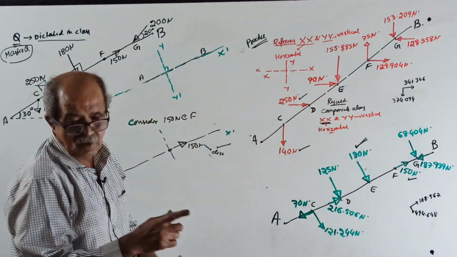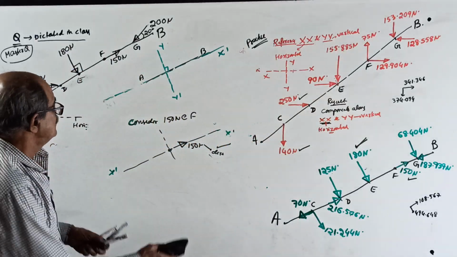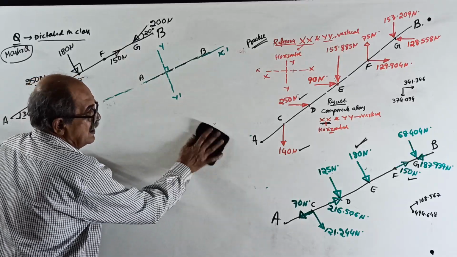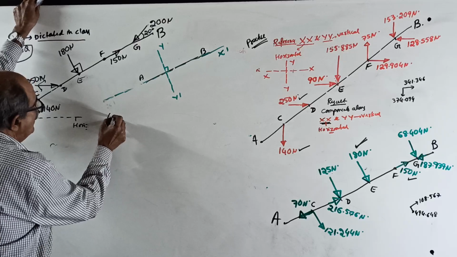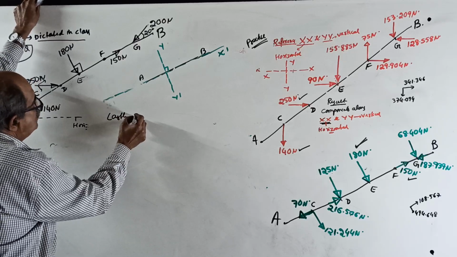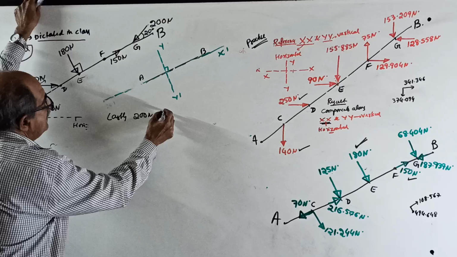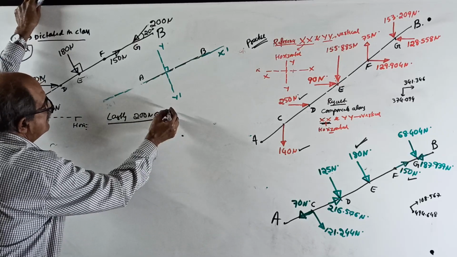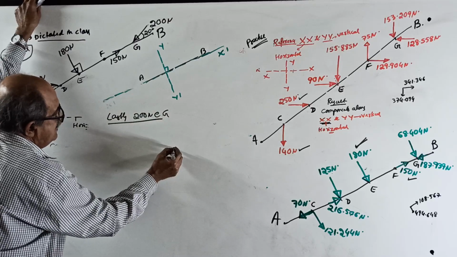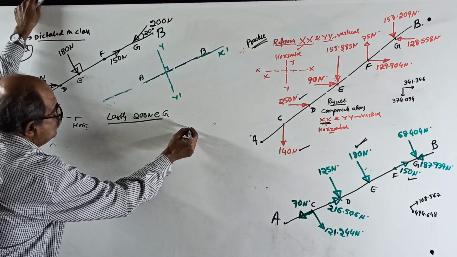Okay, now last force. See, if confusion is there, again go through. Lastly, important one. Lastly, 200 Newton at B. Be careful now. This is the point G. 200 Newton.